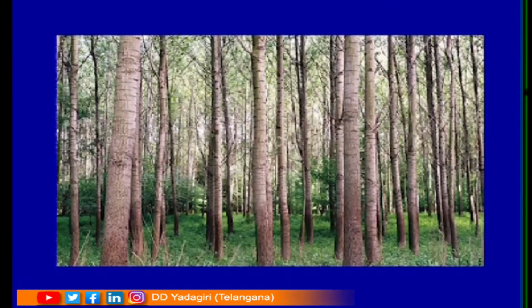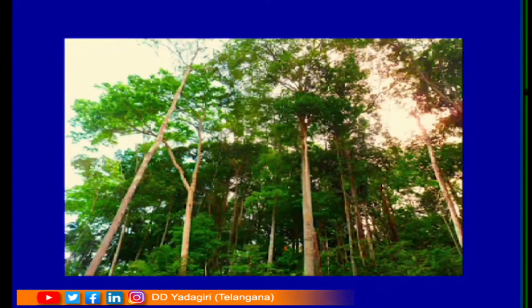Oh, how tall the tree is! Still the vascular bundle is able to carry water and food throughout the plant. Here you can see some more trees. Even in these trees, the vascular tissue is conducting water, minerals and food to all parts of the plant.